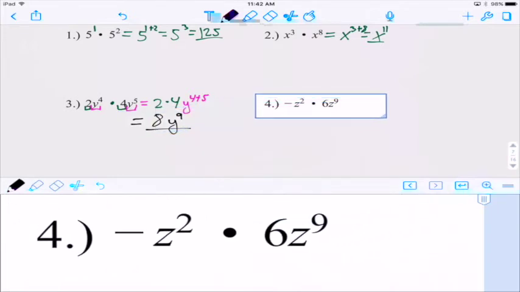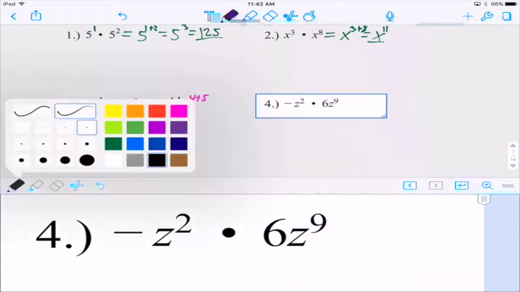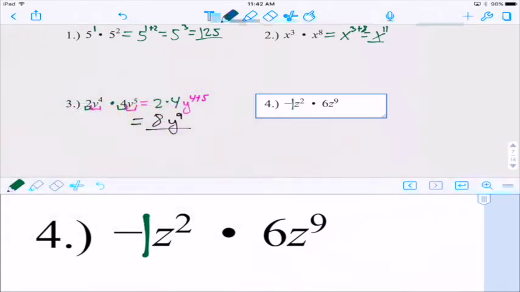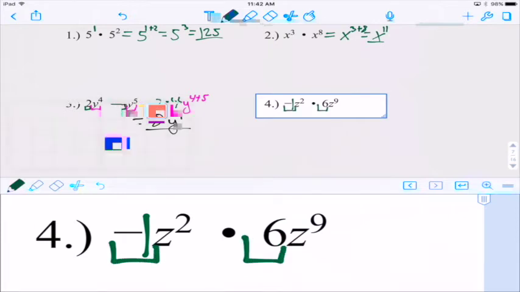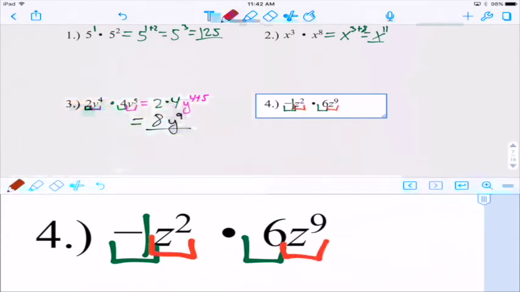Now we've got a negative in front. We know what that means. We've seen this before. This means negative 1z. So again, I'm going to multiply my numbers together, and then I'm going to use my new multiplication rule on my exponents.